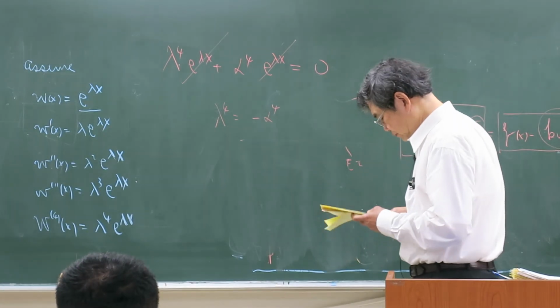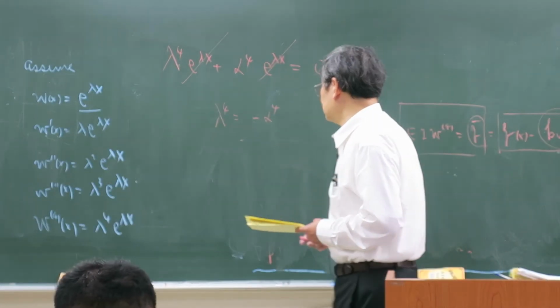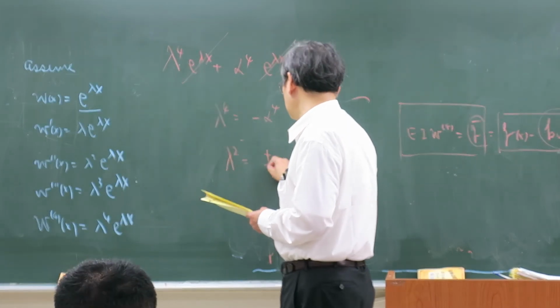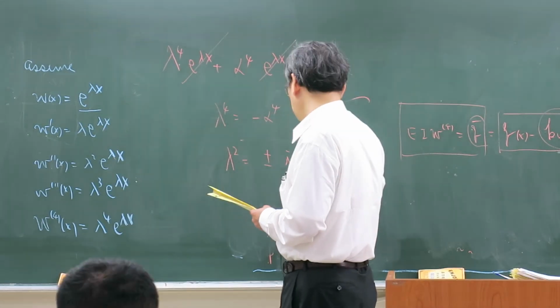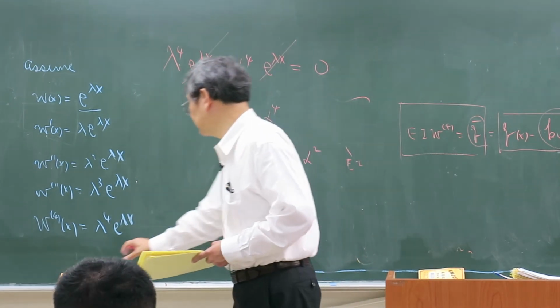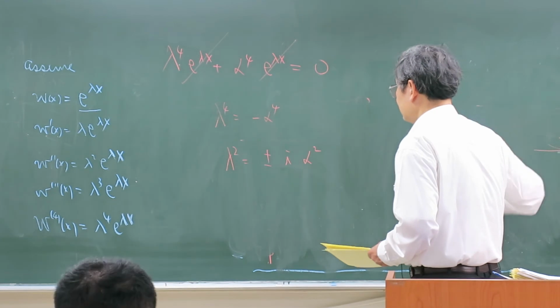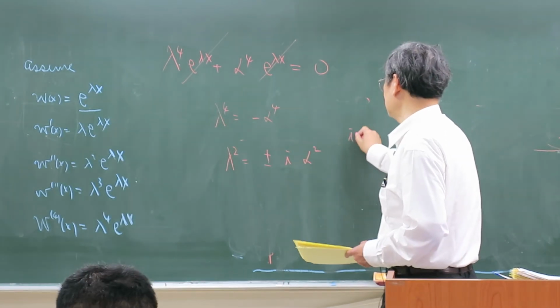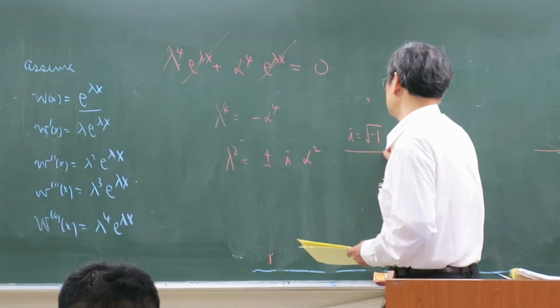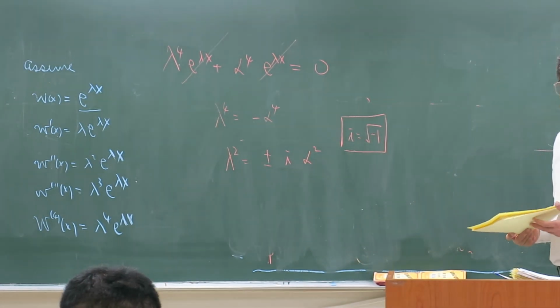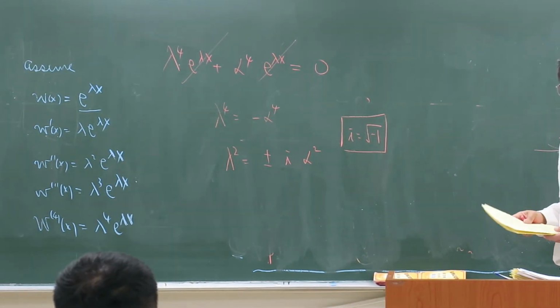So lambda squared equal to plus or minus i alpha squared, right? And i equal to the square root of minus 1. It's an imaginary number.